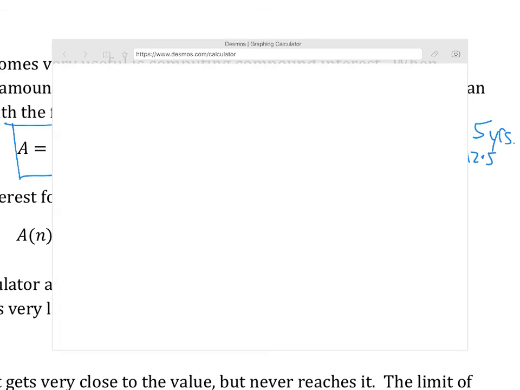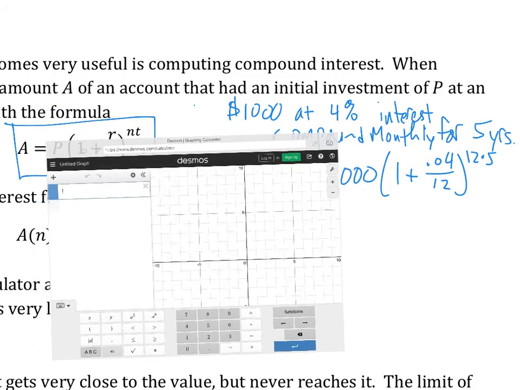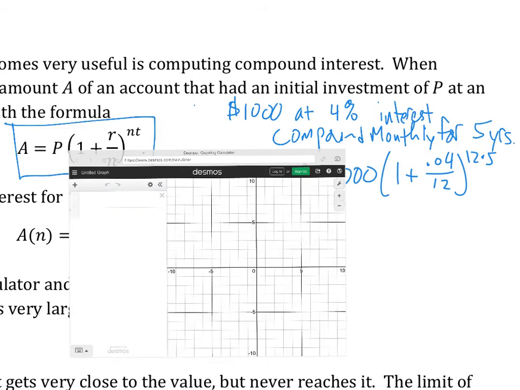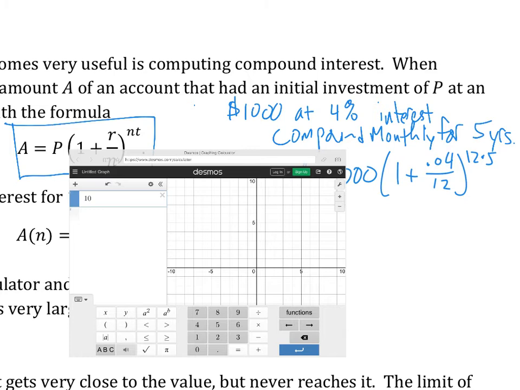Well, to solve this, it's just a matter of getting our calculator out here. And we're going to just punch in the calculator. So we have, let's see, 1,000. Calculator work right here. And we've got 1 plus 0.04. Got to change it into a decimal. Remember, when you change a percent to a decimal, you move the decimal point 2 places, divided by 12.